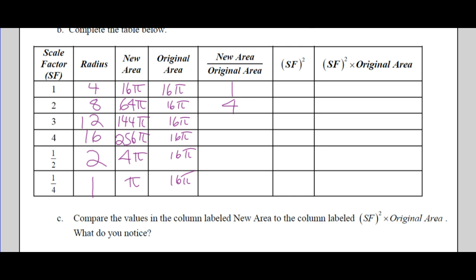If we just always express the area in terms of something times pi, 144 divided by 16 is, 256 divided by 16 is, 16 divided by 4 is, 16 divided by 1 is, oh, sorry, wait, it's new area. 4 divided by 16 is, and 1 divided by 16 is.